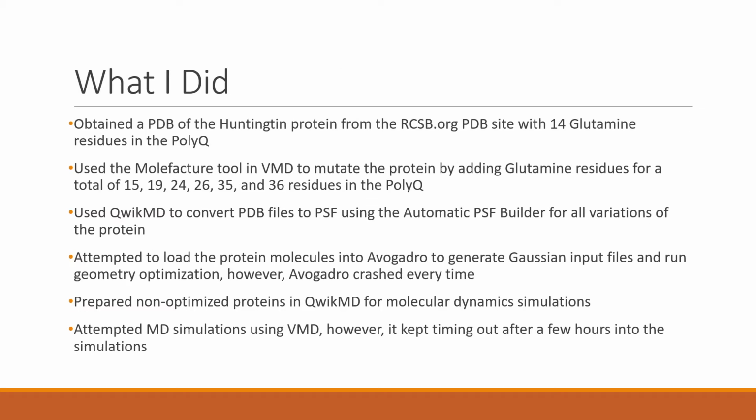So what I did first was to actually obtain a PDB of the Huntingtin protein from the rcsb.org protein database site, and this protein contained 14 glutamine residues in the PolyQ tract.